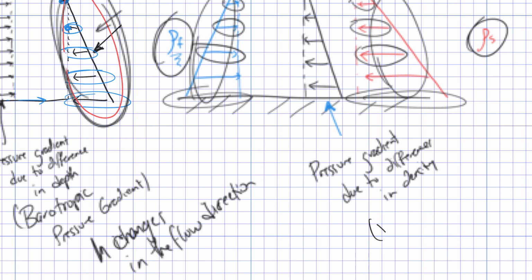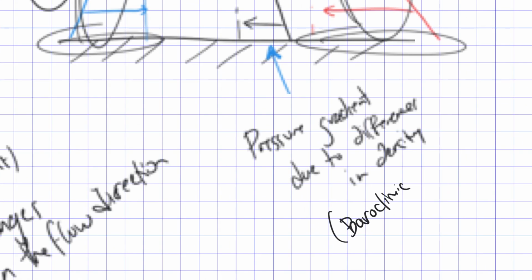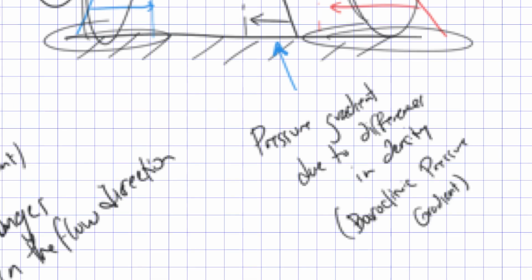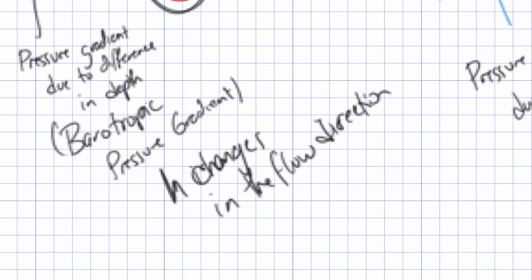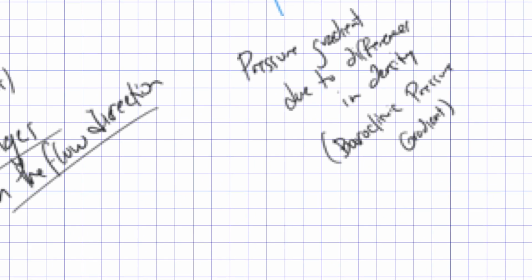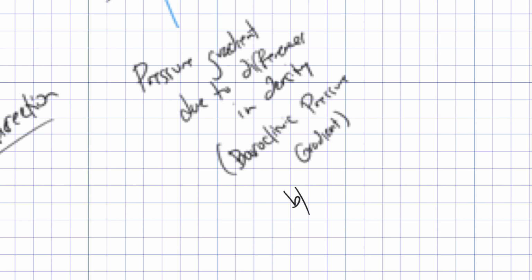This is called a baroclinic pressure gradient. And over here, the last one was because of changes in depth, changes in the flow direction. This one is because the density changes in the flow direction.